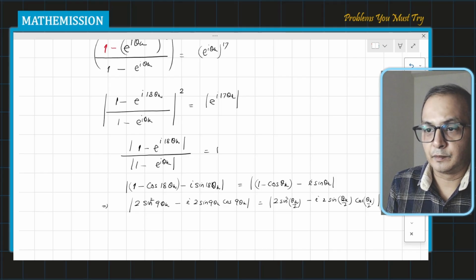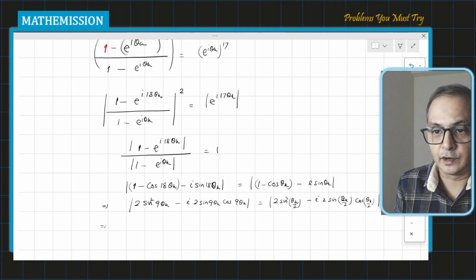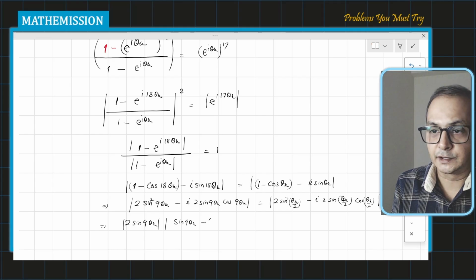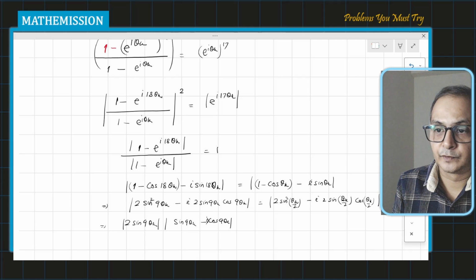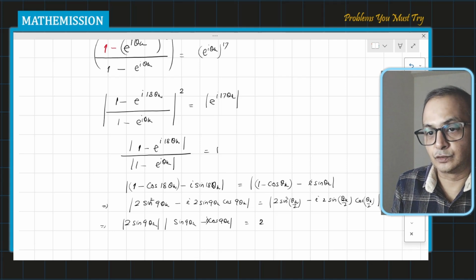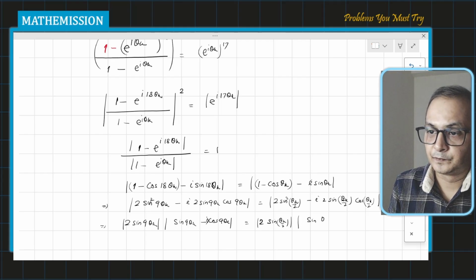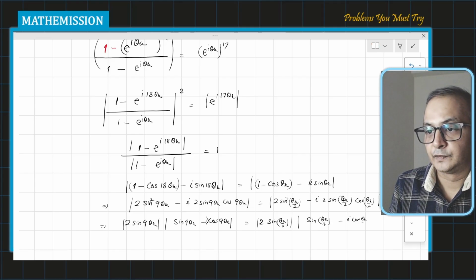You may understand what I mean. Now I can take 2 sine 9 theta k common, so we get the magnitude here, and whatever is left out is sine 9 theta k minus i cosine 9 theta k. Here also we get 2 sine theta k by 2 magnitude, and again sine theta k by 2 minus i cosine theta k by 2.